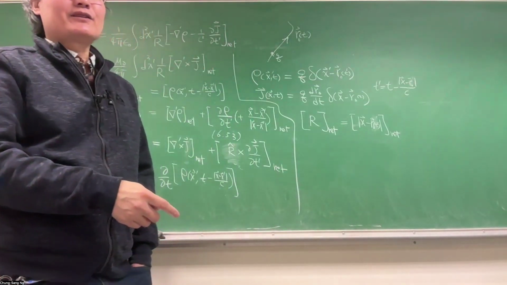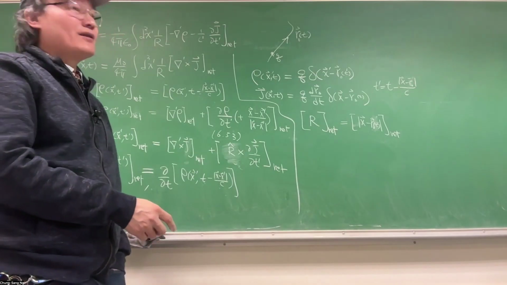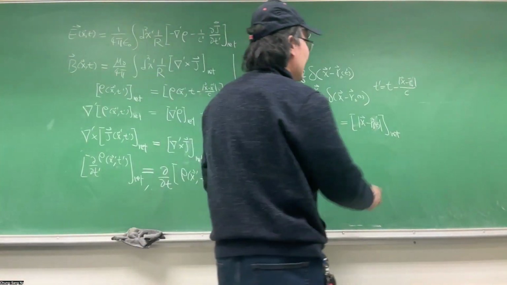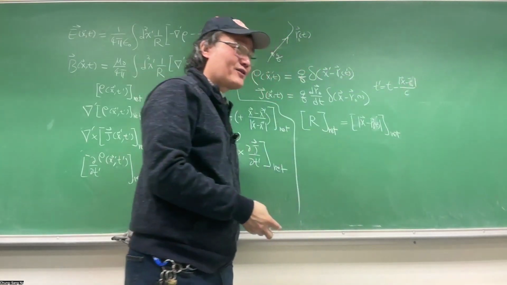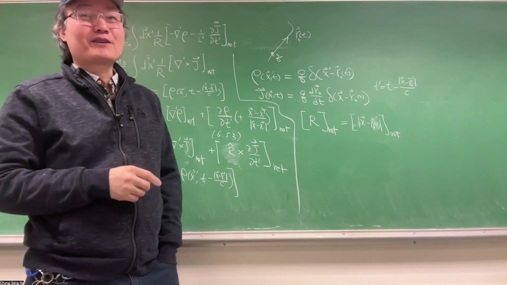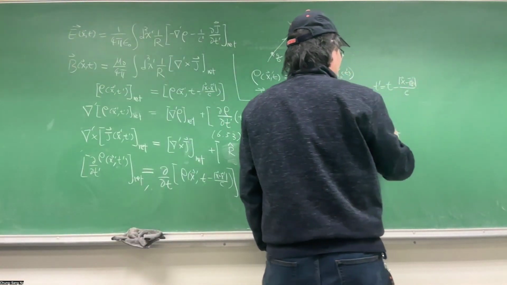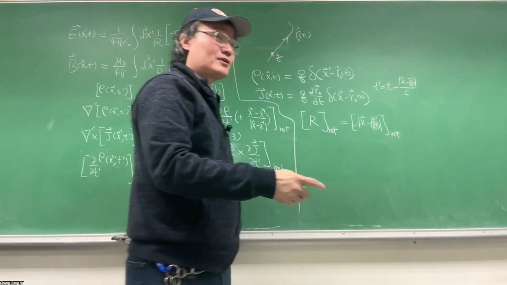If you just write it down, you're not writing the solution. The solution is not yet done because you still have this r sub 0 that also depends on t prime. So you have an infinite loop over there, right? If you just directly substitute this, you are not writing down the solution.